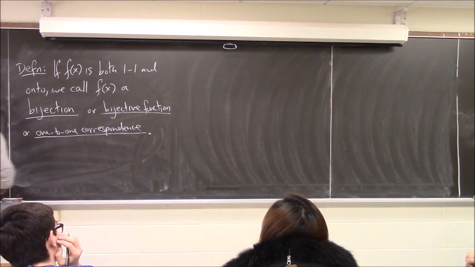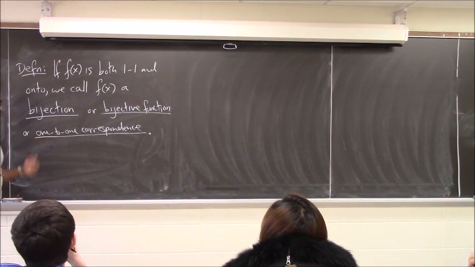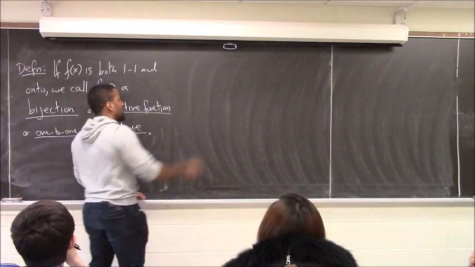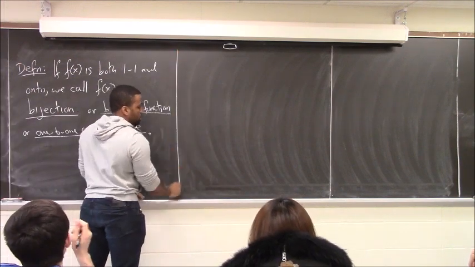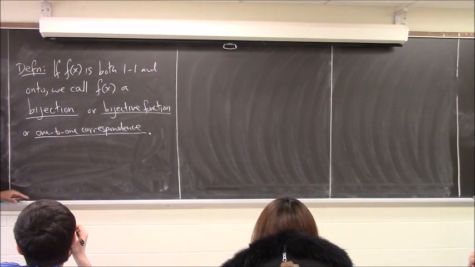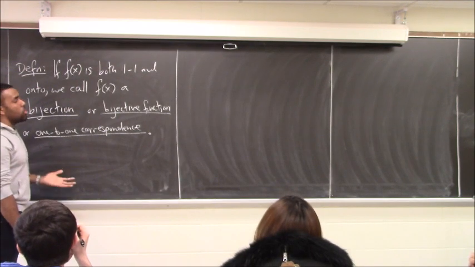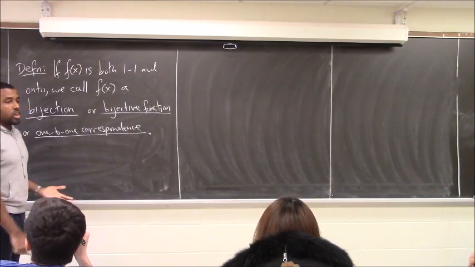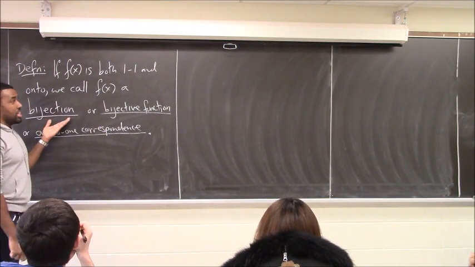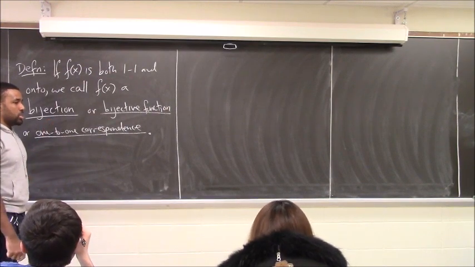Now, in both Calc 1 and Calc 2, a lot of information is going to be left out about these. The bijective functions are super important. That is an understatement to say. There are so many things that we know about mathematics that we discovered by just figuring out that there exists something called a bijective function and then following the properties of the bijective function.